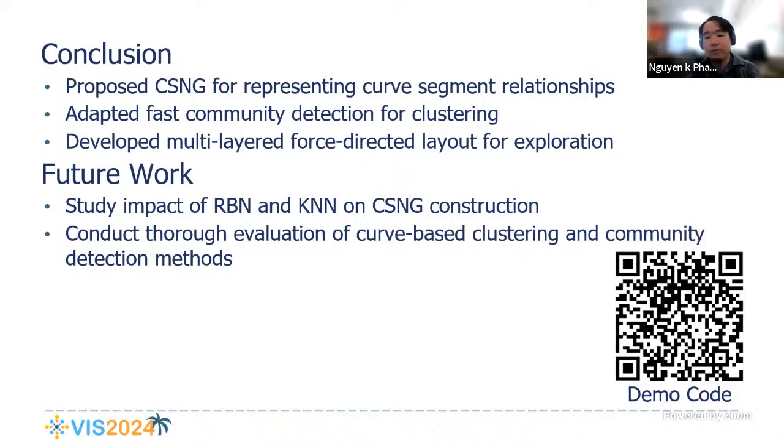Our method has shown effectiveness in exploring complex 3D patterns across several different streamline datasets. In future work, we plan to study the impact of different neighbor search methods on CSNG construction and conduct a comprehensive evaluation, including comparison with existing techniques and user studies. These efforts will help refine and validate our method, enhancing its utility in flow visualization.